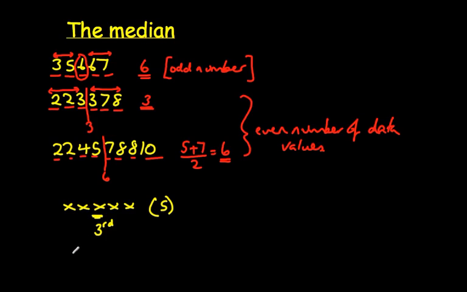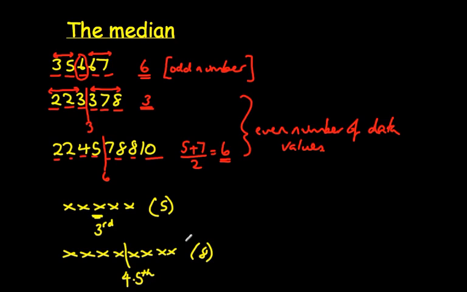Okay, what about a list with an even number of numbers? What do I have here? 1, 2, 3, 4, 5, 6, 7. I'm going to put another one on, so I've got 8 numbers, and my median, as we saw above, is actually halfway between these 2. So the median is not the 4th number, it's not the 5th number, it's the 4.5th number.